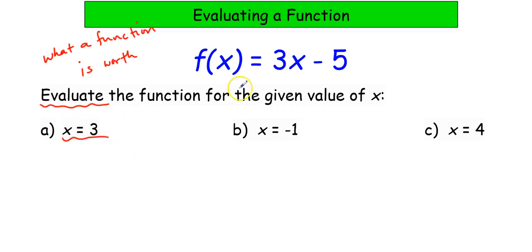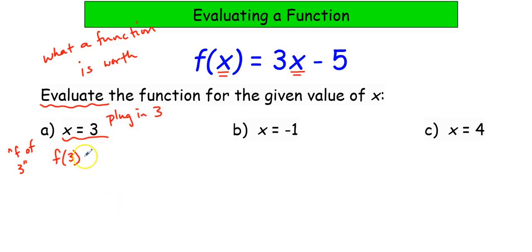So we take this input value, this x, and wherever we see an x in this function, we're going to plug it in, and that includes right here. So the function notation looks like this. When x is 3, we say it is f of 3. That's exactly how it's pronounced, f of 3. And all that means is when I plug in 3.